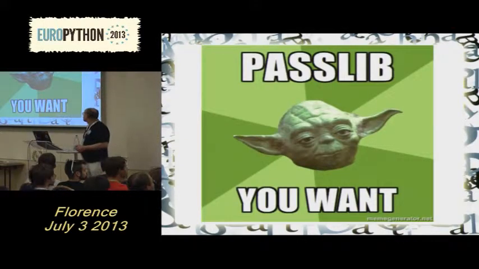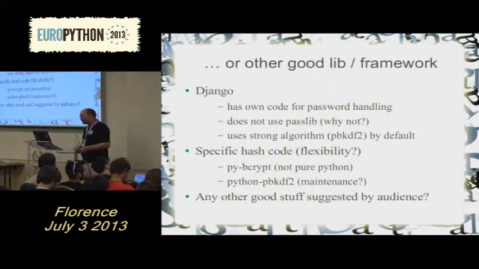And yeah, this is what I want to recommend you look at. There's a library called Passlib. It's on Google Code, and it has a quite nice API. Some frameworks do it a bit differently. For example, Django has its own password handling stuff.